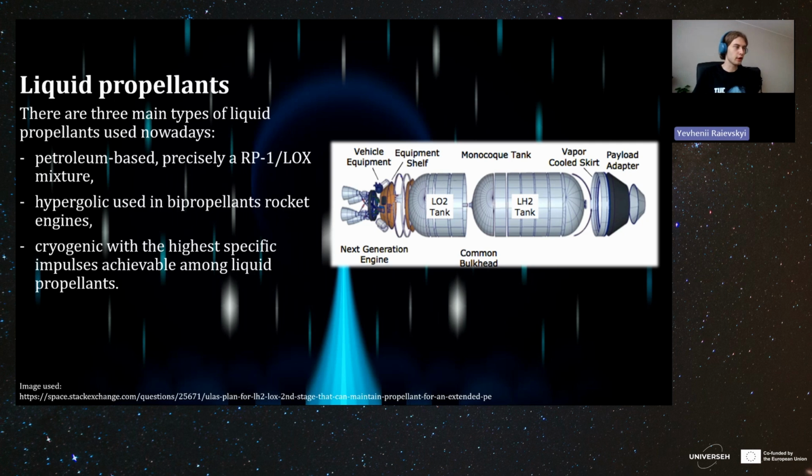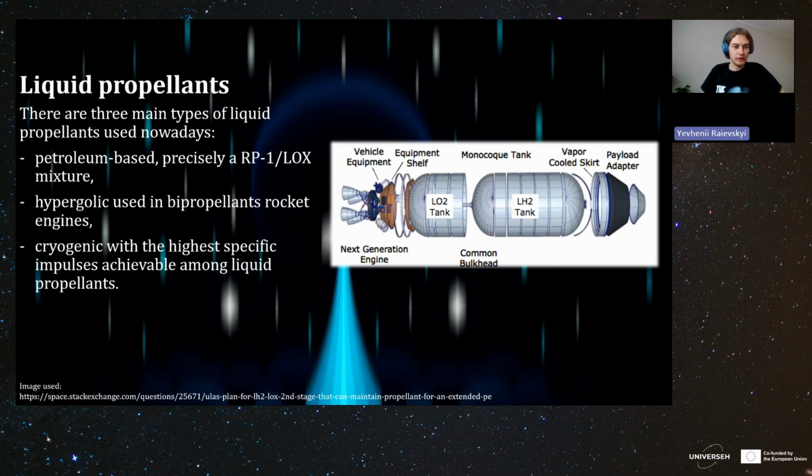And those cryogenic liquid propellants are the most efficient propellants we use nowadays, with specific impulse going up to 450 seconds. This is a very high number for a rocket, not for a jet engine, but for a rocket, exactly.